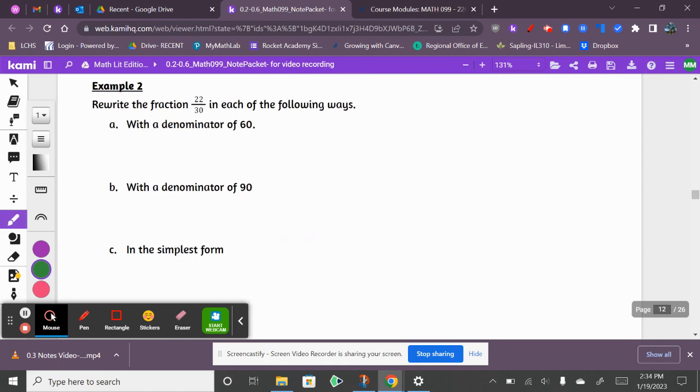Okay, so we're going to rewrite the fraction in each of the following ways. This one tells us that we want the denominator to be 60. So I'm going to take 22 over 30, and I'm going to change it so that the bottom is 60.